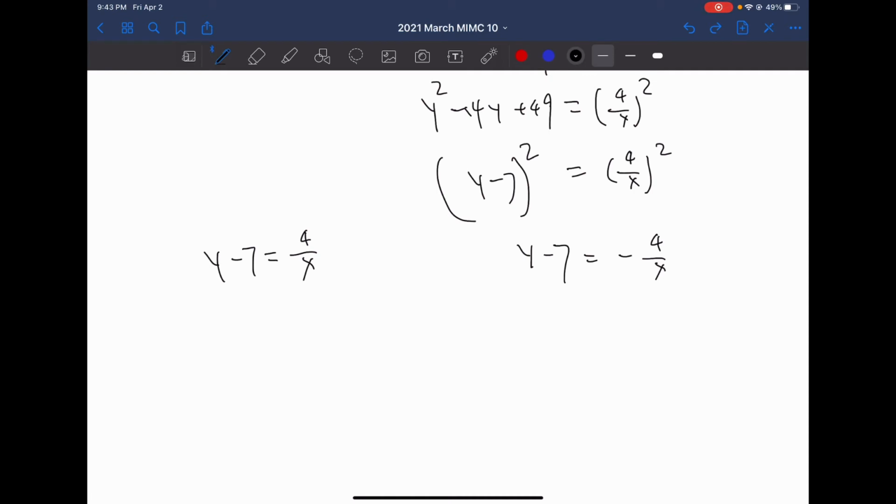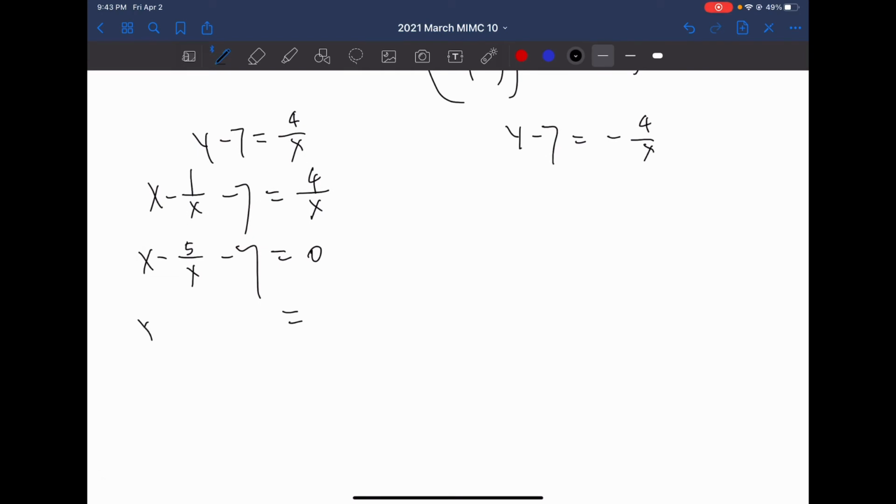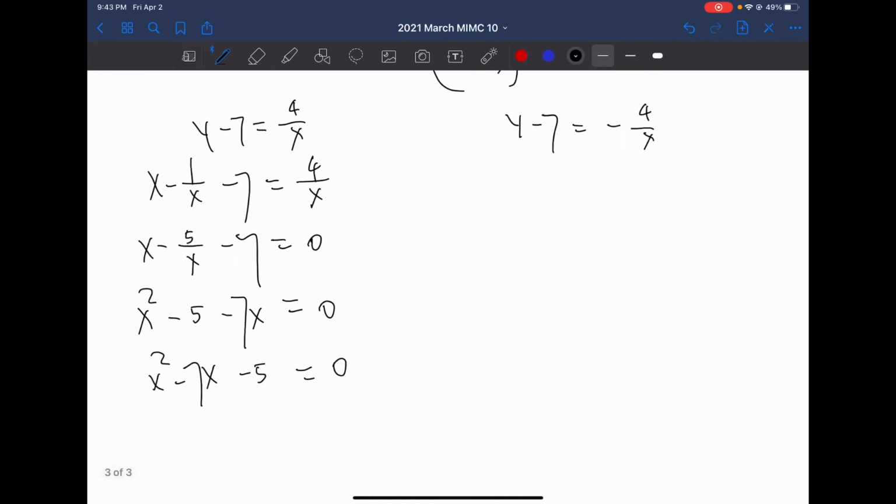In this solution, we can plug back y. Y is equal to x minus 1 over x, so x minus 1 over x minus 7 is equal to 4 over x. And that can be converted to x minus 5 over x minus 7 is equal to 0. And that's x squared minus 5 minus 7x would be 0, and x squared minus 7x minus 5 would be 0.